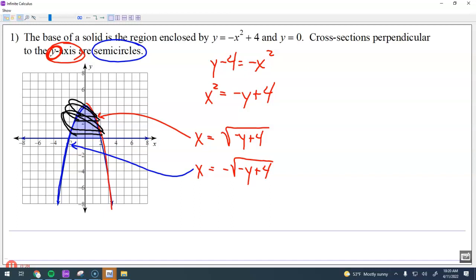So, what's the area of a semicircle? So we can start like this actually. So 1/2 pi r squared. But these are diameters, so I have to divide the diameter by 2 and then square it.